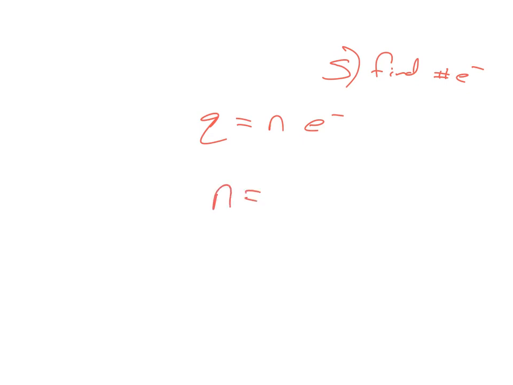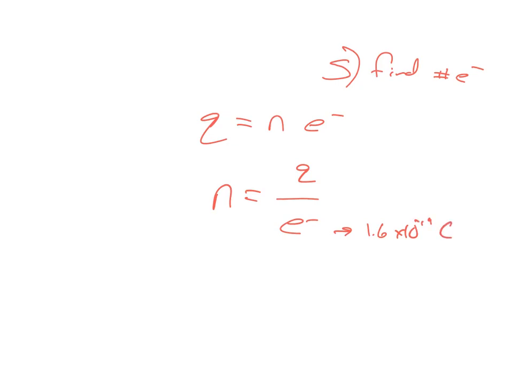So the number of electrons is the total charge divided by the charge of one electron. So I take Q, which was what I got in step 4, and I divide that by e, which is 1.6 times 10 to the negative 19th coulombs.